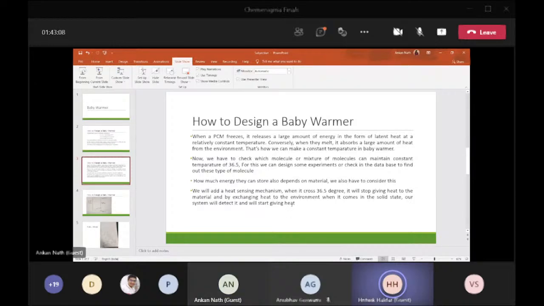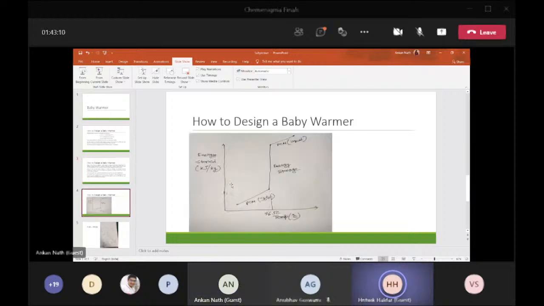Next slide. So this is our graph for our material. You can see when it is in the solid phase, we can start giving heat. The energy difference is actually the latent heat energy difference between the melting state and the solid state.